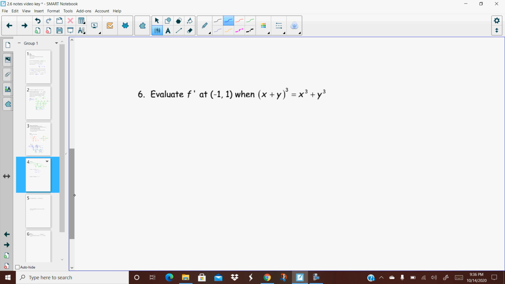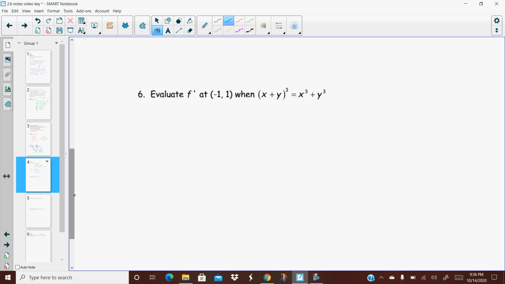Okay, so we want to find f prime at the point negative 1, 1 when x plus y cubed equals x cubed plus y cubed. So we have to take the derivative of both sides of this equation. I've got y's in both sides, so it's definitely going to be something where I'm going to have to use implicit differentiation.